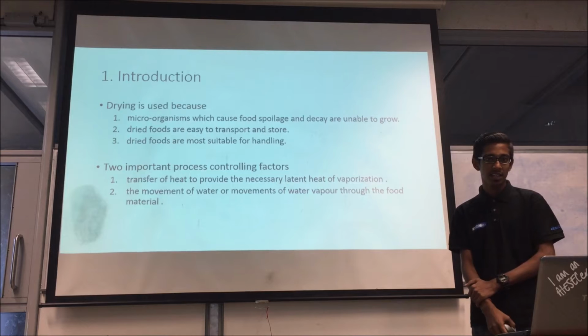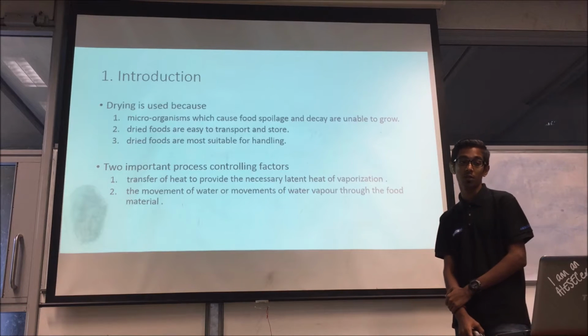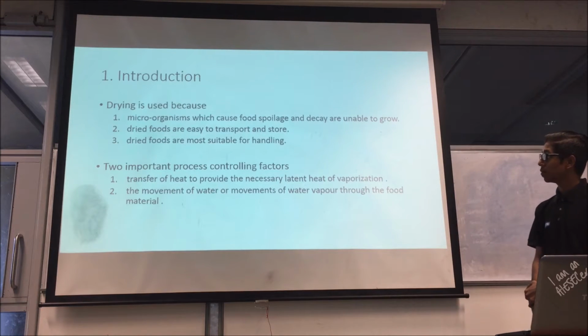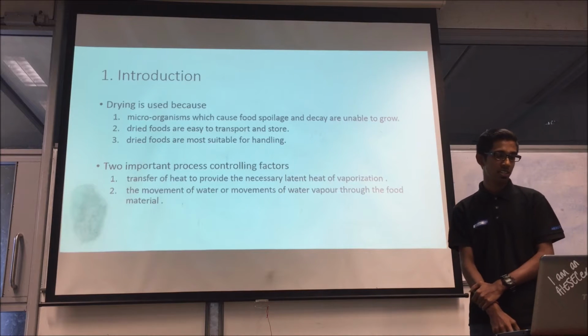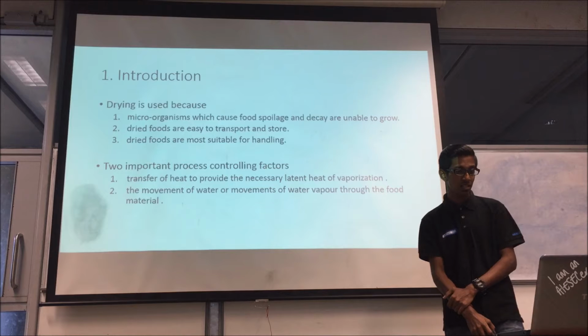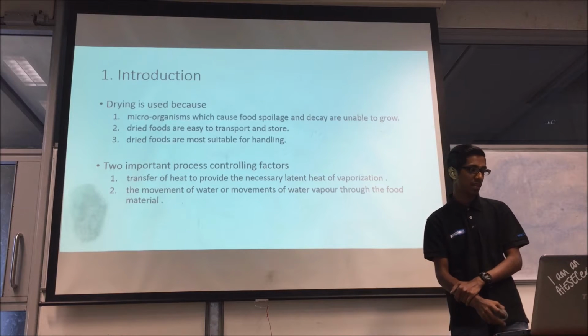Also outlined that drying of food involves the removal of water from foodstuff. In most cases, drying is accomplished by vaporizing the water that is contained in the food, and to do this, the latent heat of vaporization must be supplied.